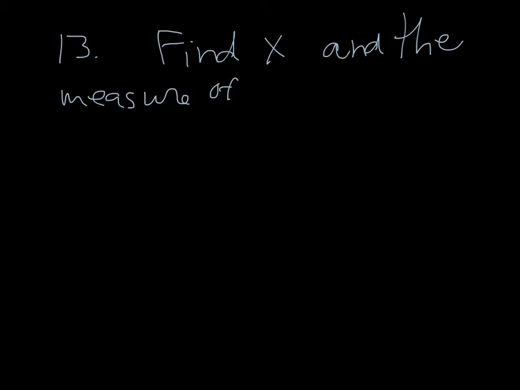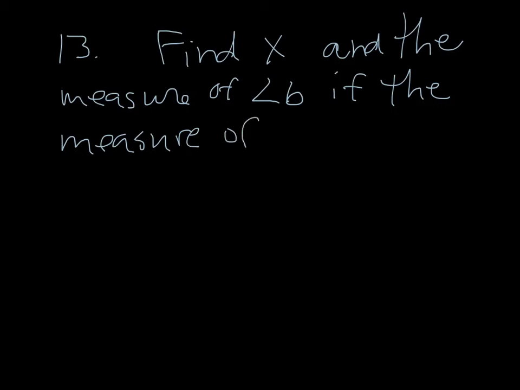It should say the measure of angle B should be there. If the measure of, and then it should say angle A is 52 degrees. Silly, huh? So what's missing on your paper if you didn't get it in class?